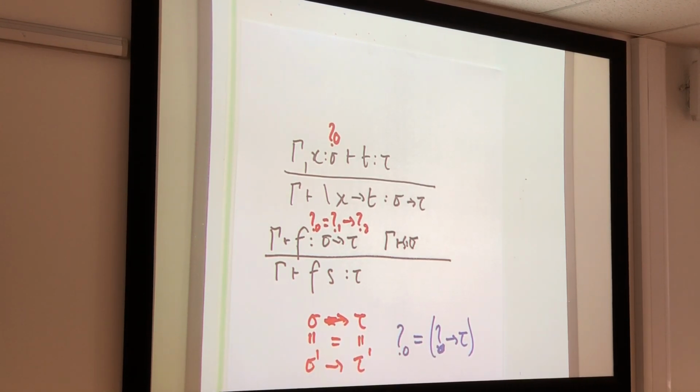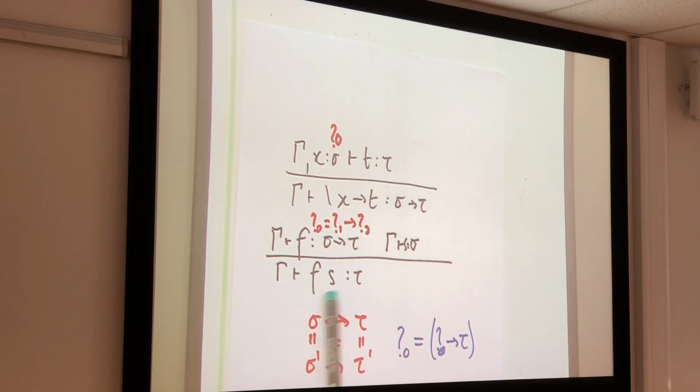But if we're doing type checking, if somebody says, check that this application has type tau, we don't know what type to check that the function has. Again, we're in this awkward situation where there's a sigma showing up above the line that didn't arrive with us below the line. So we have to get it from somewhere.